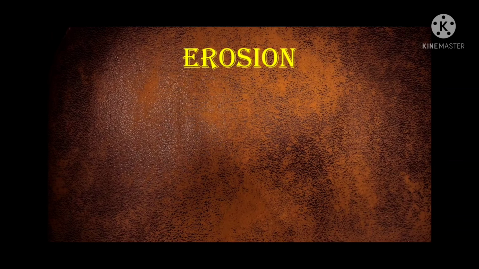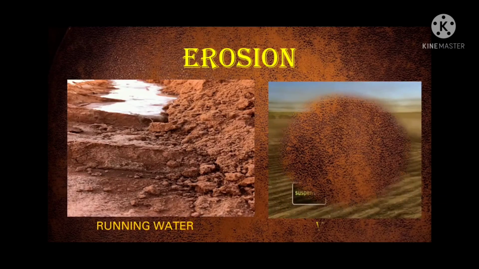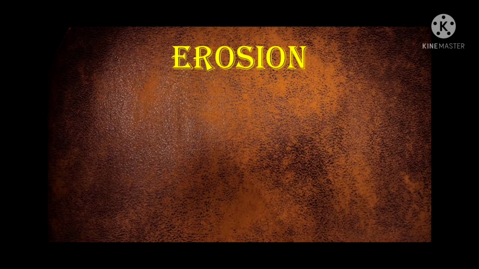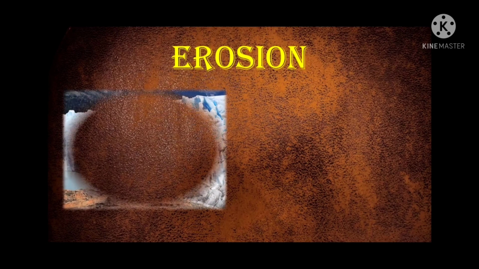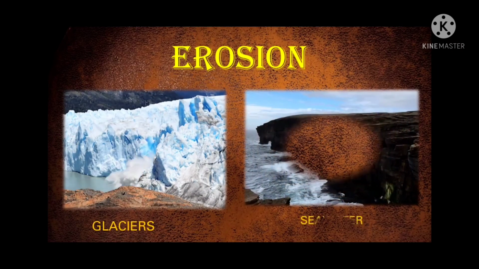Erosion occurs through various agents such as running water, wind, and also includes glaciers, seawater, and groundwater.